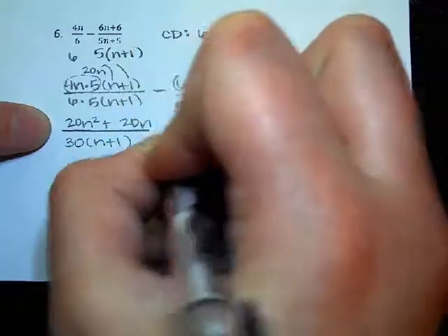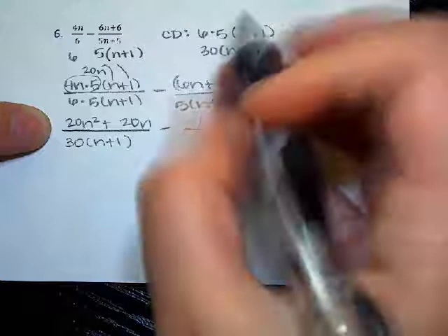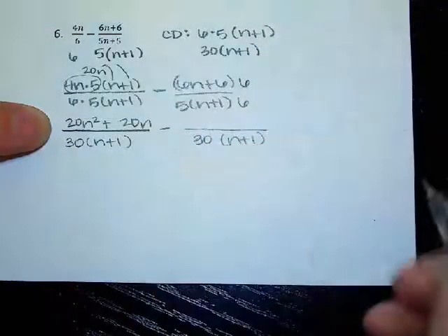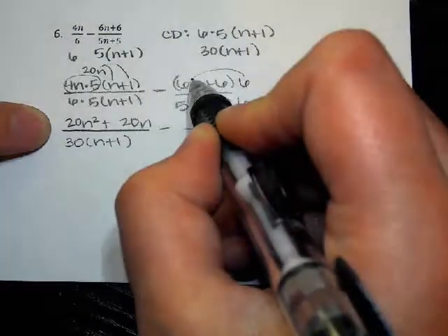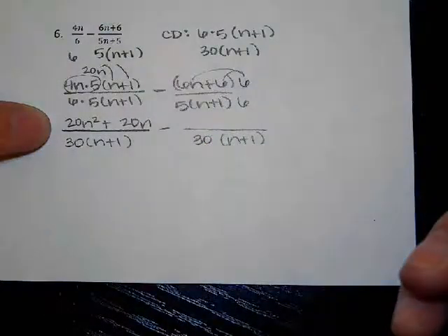Okay, minus. Okay, 5 times 6 is 30, n plus 1. Okay. And then over here, we have a 6 multiplied by 6n and a 6 multiplied by 6. Okay, 36n plus 36.